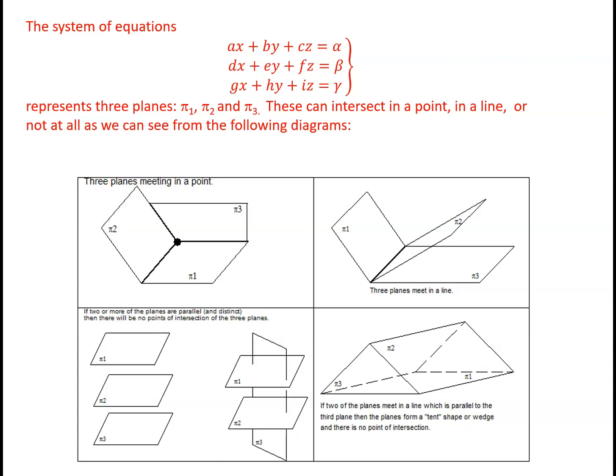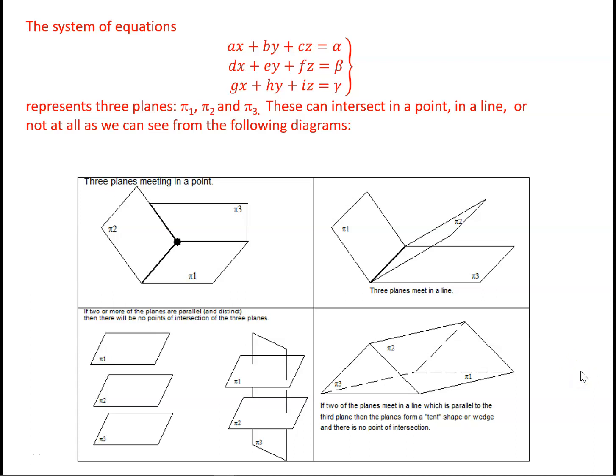Or, if 2 or more of the planes are parallel and distinct, then there will be no points of intersection of the 3 planes. Or, if the 3 planes are not parallel, then they are going to form a sort of tent or a wedge shape.